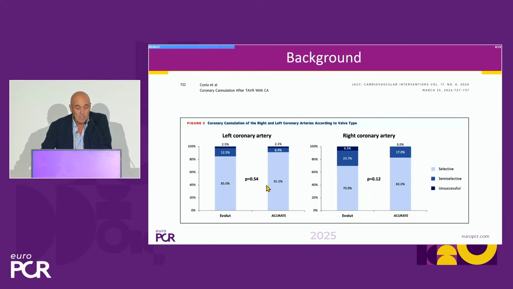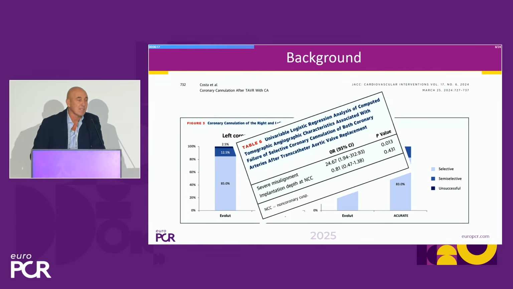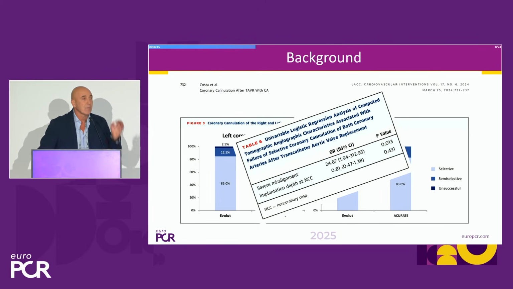And we know very well, this is the REACCESS 2 study, that even if you don't have a difference in terms of left coronary recannulation between the Evolut and the Accurate, we have a significant difference in the cannulation of the right. We know that's more difficult. Even though this study was performed after the TAVI, the majority of cases were treated via the femoral approach, which is normally easier compared to the radial approach. And we know very well that in the majority of cases, the problem was linked to severe misalignment.